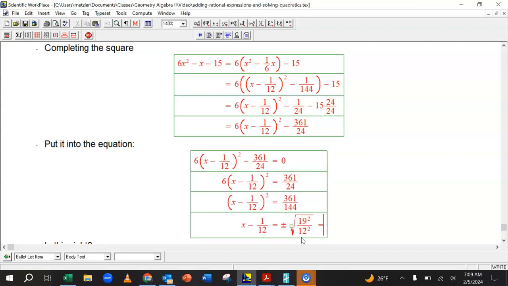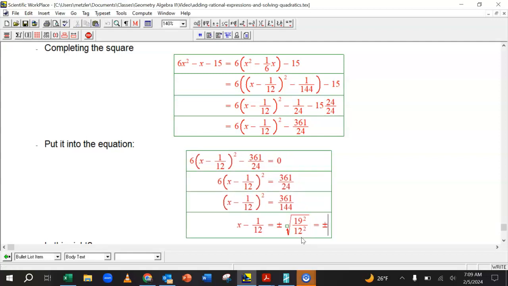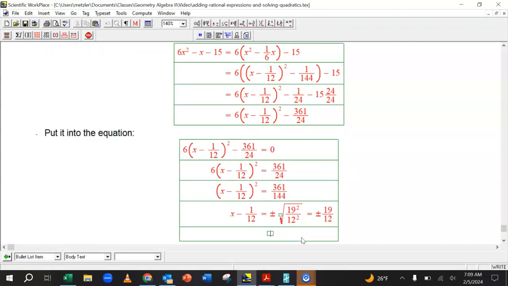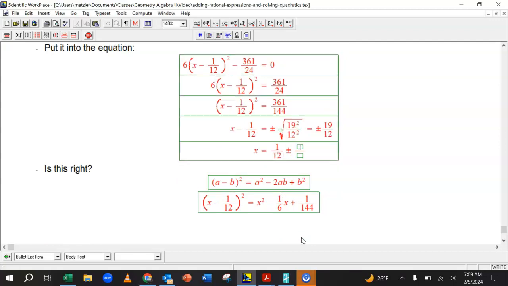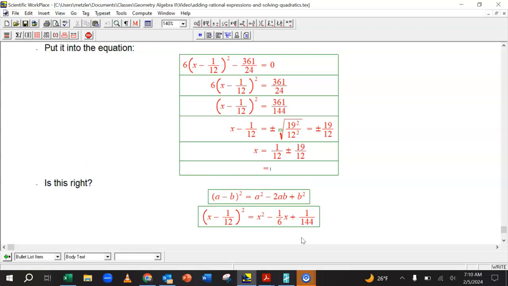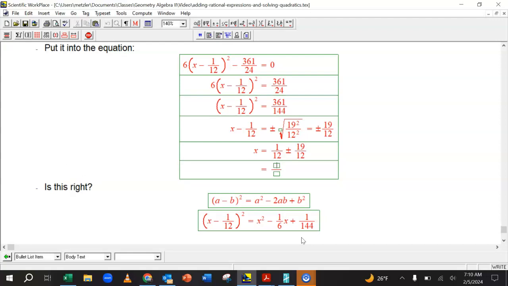Again, I contrived that. And so it's actually 19/12. One way to write the solution is 1/12 plus or minus 19/12. That's actually a nice way to write it. It says they're symmetrical around 1/12, and you can go either to the right by 19/12 or to the left. But we'd often want to just cash those out separately.